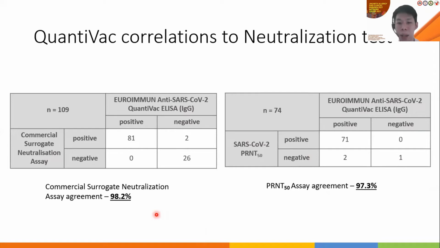And if you compare it with the PRNT50 assay, which is the gold standard assay for measuring virus neutralization, we have seen a high agreement value of 97.3% for our QuantiVac ELISA, which shows that not only can we replicate the gold standard assay, but at the same time our QuantiVac assay produces high quality results.